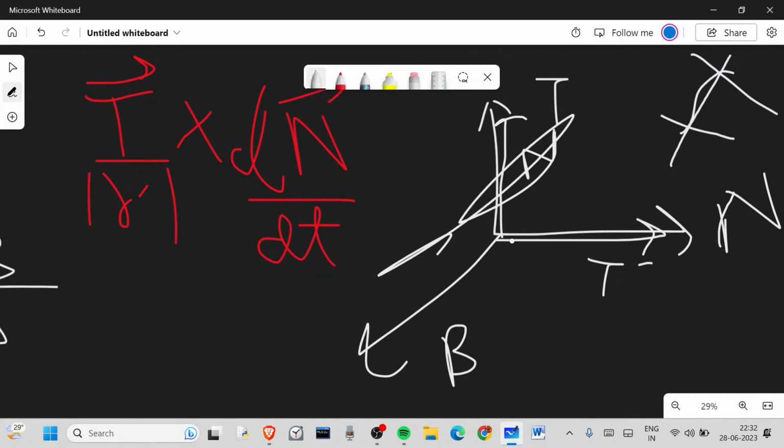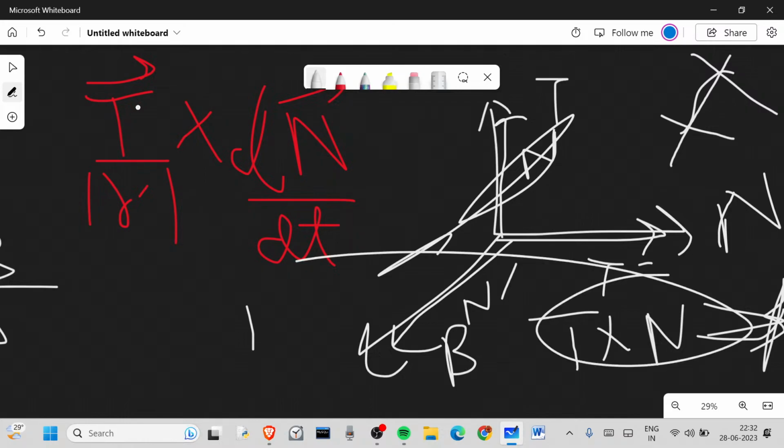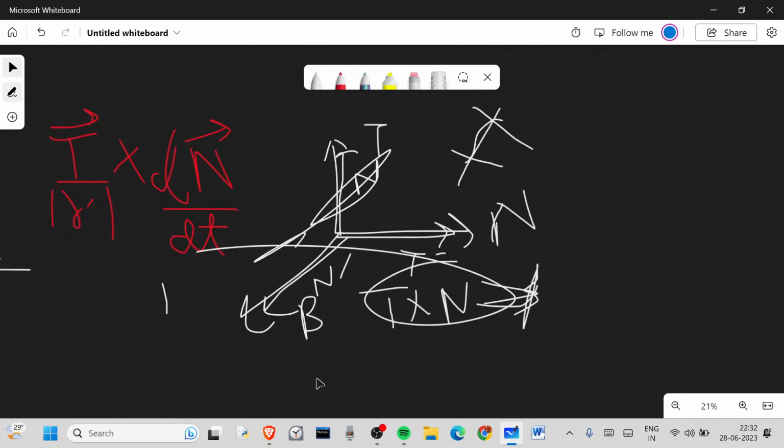Sorry, not along t. I think along b, because t cross n is b. So it's lying along this thing, and hence by taking the mod on both sides, it's something parallel to n.